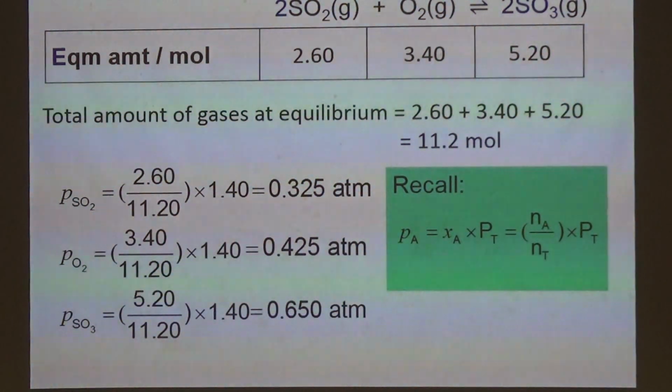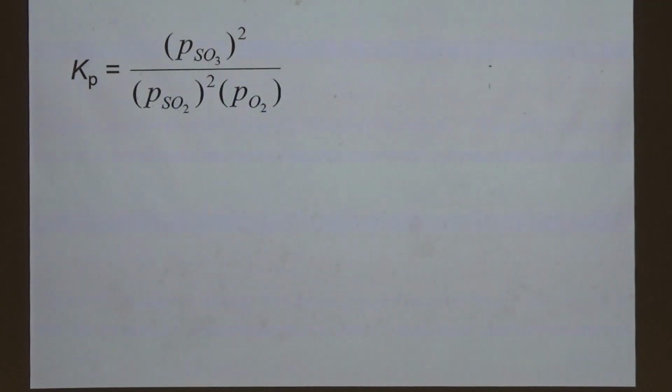Now part B requires you to find the Kp value from there on. So it will be very similar to what we've done in the previous examples. To find Kp, it is exactly the same as how you will express it in terms of Kc, except that everything is done in terms of partial pressure. Something for you to know: partial pressure of SO3 squared, I must highlight again because students tend to do this.